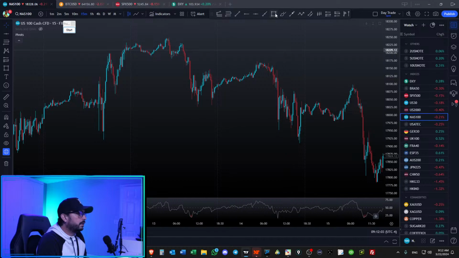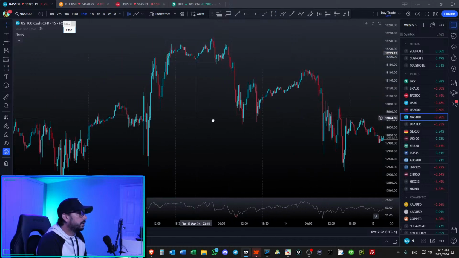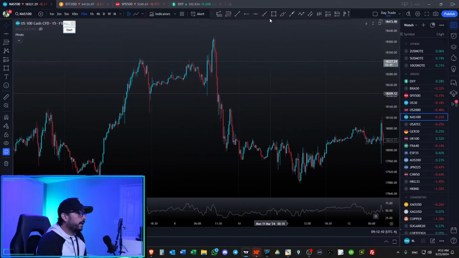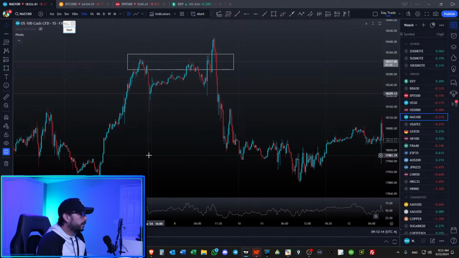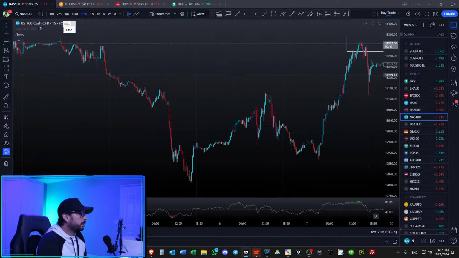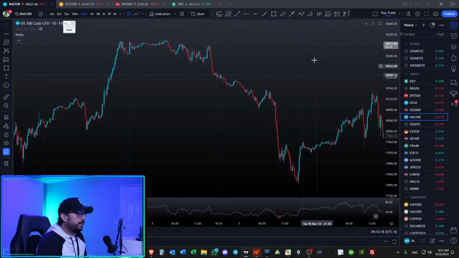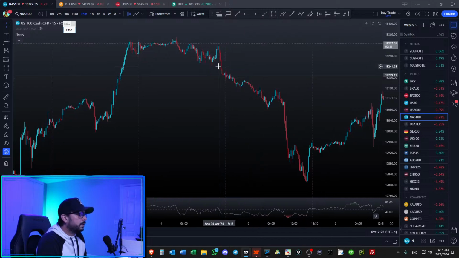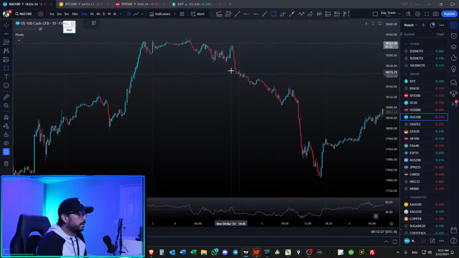That line conflicts with this zone. That line conflicts with this zone. You see how far I'm going? That line. That small zone right there.